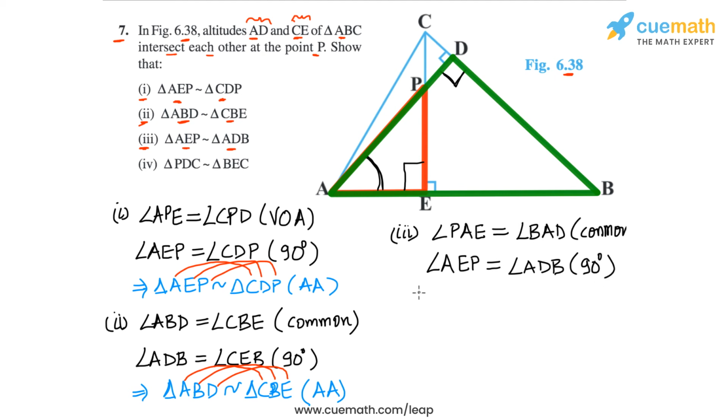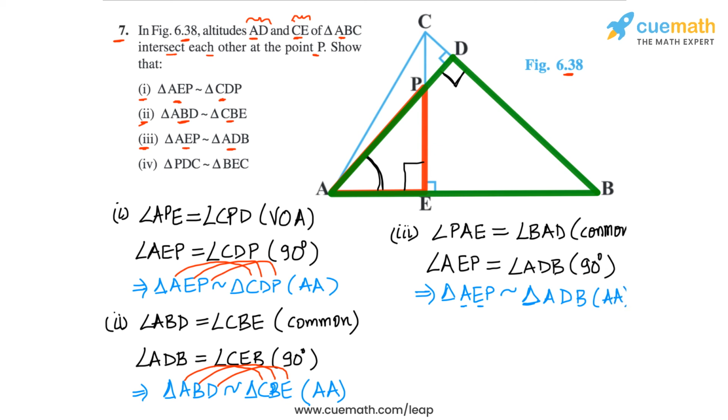So now let's write the similarity relation. So triangle AEP will be similar to the second triangle. The order of the vertices will be, for A we will have A, for E we will have D in the second triangle, and then for P we will have B. And we are basically using the AA similarity criterion here.